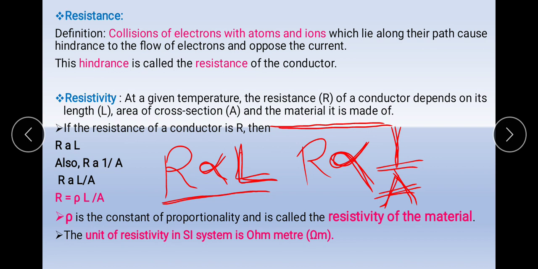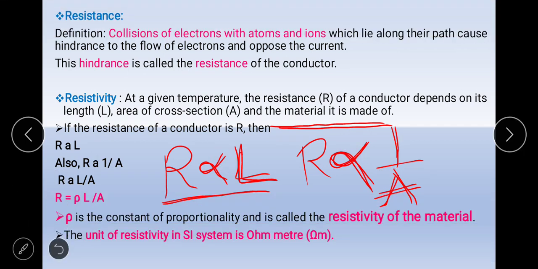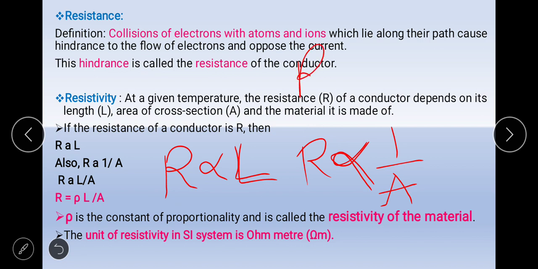So the area of cross section of a conductor should be less, and the conductor should be as long as possible for high resistance. When you take these two terms together, we know R is directly proportional to L and R is inversely proportional to A, so we can write R is directly proportional to L by A. Whenever there is a proportionality sign, in order to remove it, we have to put a constant, correct?